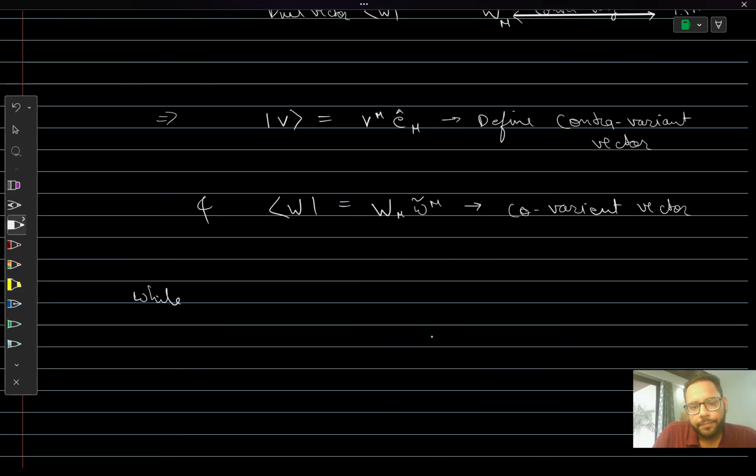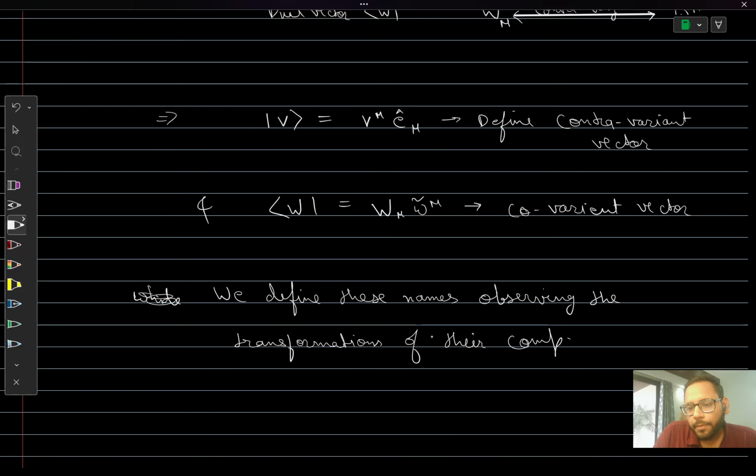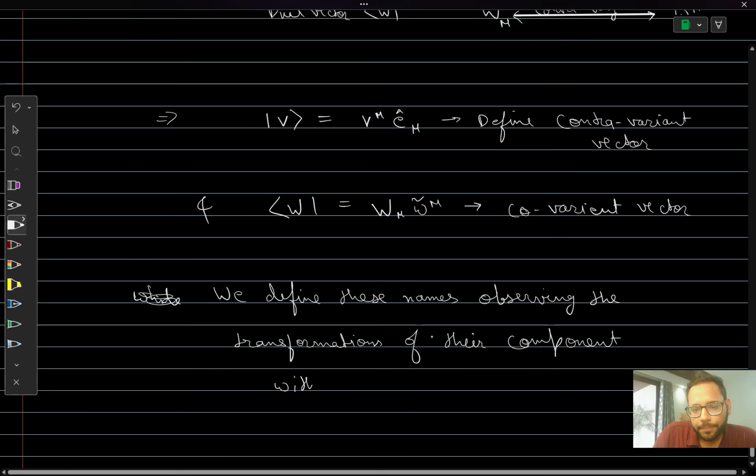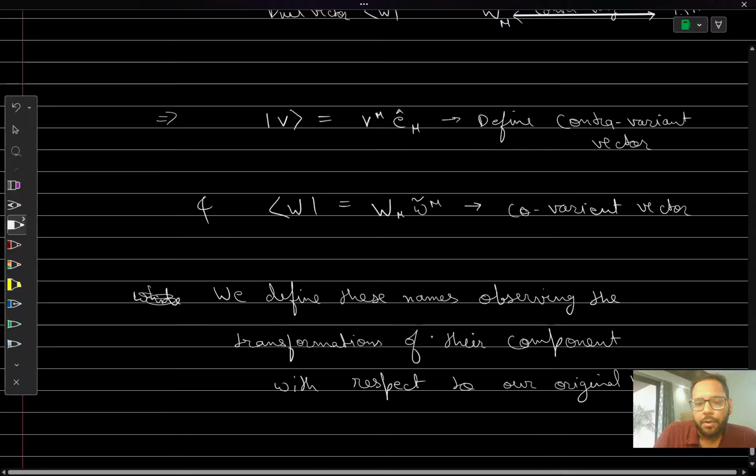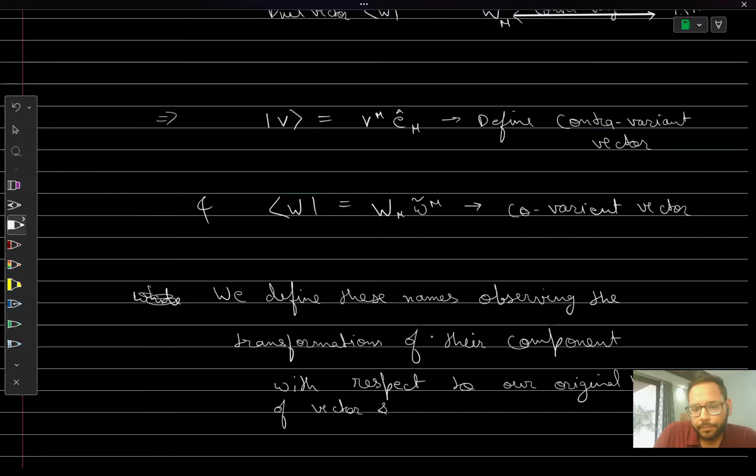While defining this, we define these names observing the transformation of their components with respect to our original basis of vector space, that is this one, not the dual one.